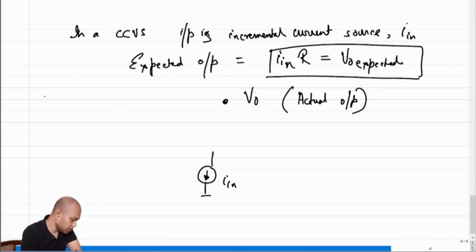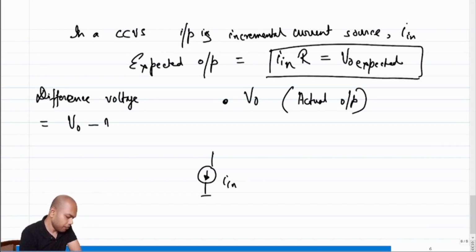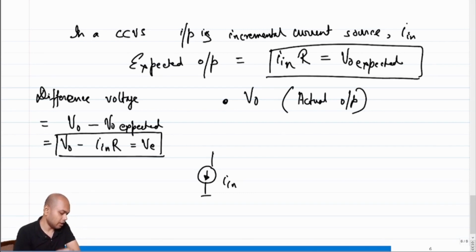So the difference voltage is equal to V0 minus V0 expected, which is V0 minus I in times R. Let me call this V error. Instead of writing difference voltage all the time, let's call it V error. Why am I calling it V error? Because ultimately, what is the goal?